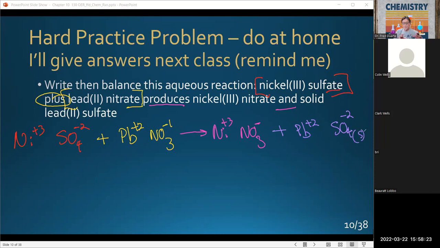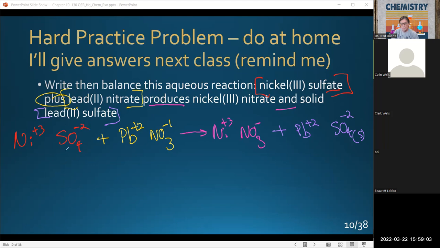So right now what we did was put everybody in ionic form. By doing that, we can put everybody back together now with the correct number of ions for each other, and then continue. All right, so here we have the nickel +3 and the sulfate -2. Okay, we have a disparity here of a +3 and a -2. So we can use that little trick of finding a common number, which is 6 again.